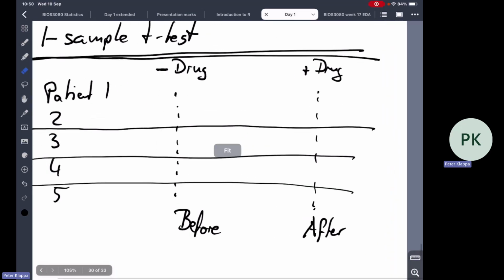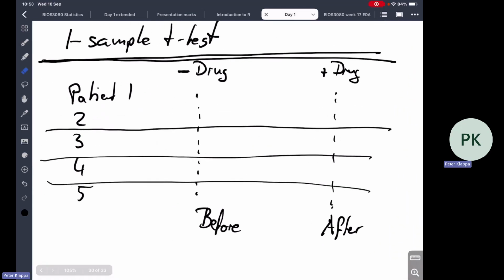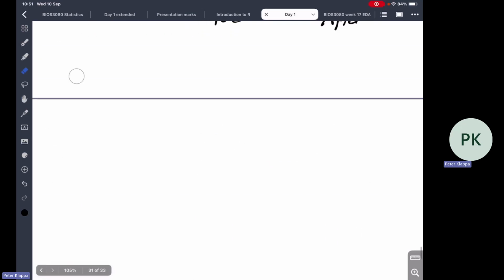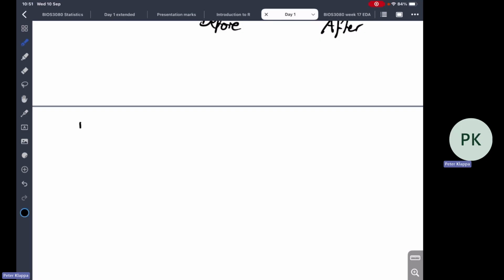What you can actually do is you can say, right, what we do is we calculate the difference for each patient. So let me draw that again. 1, 2, 3, 4. That was minus drug, plus drug. And now you calculate the difference, it's usually plus drug minus drug.